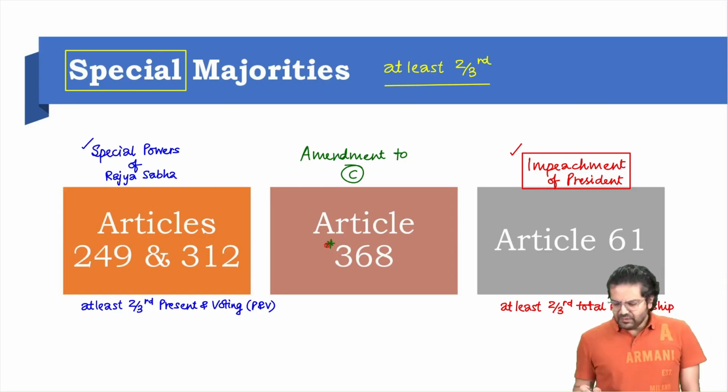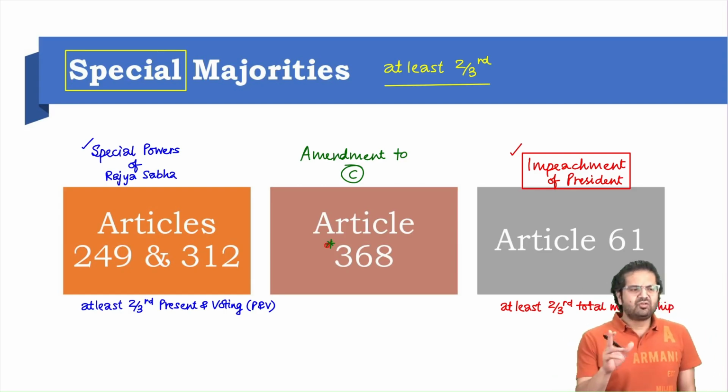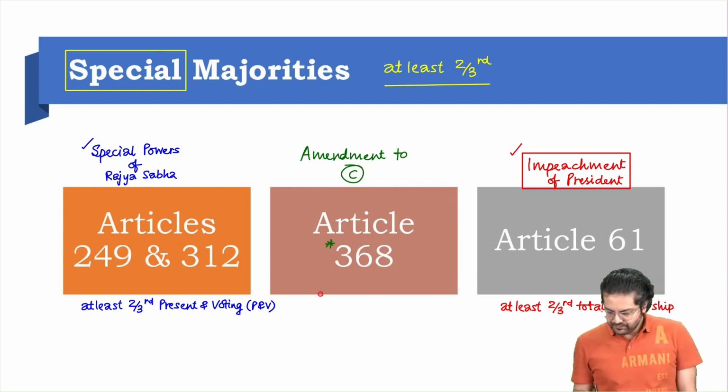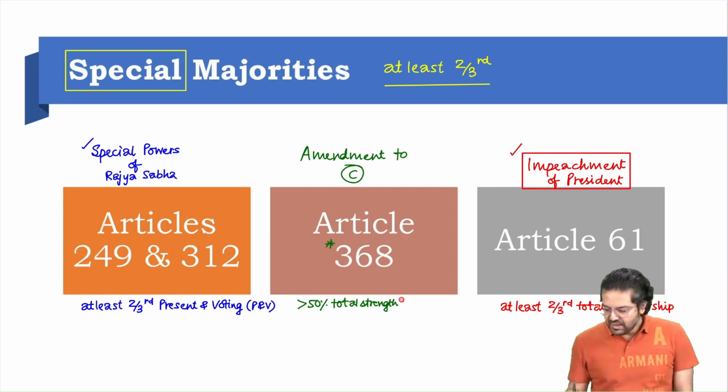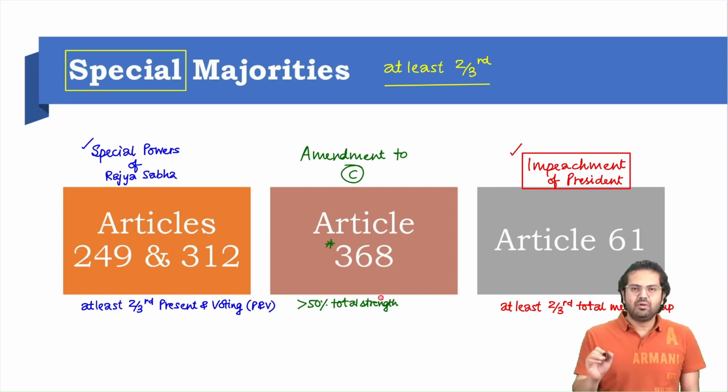Now, here it is not just one majority, it's a combination of two majorities. More than 50% of the total strength or total membership. Same thing. I have repeated this hundreds of times now. Strength, membership are used interchangeably. It's the same thing.